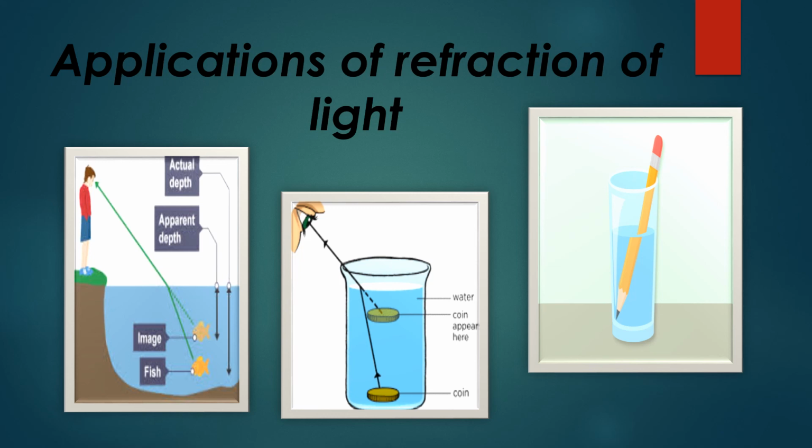Since the brain is unable to sense the bending of the light caused by the refraction, the pencil appears to be bent in the water. Here, these are the applications of refraction of light. So, my dear children, I hope you have learned the refraction of light in this video.